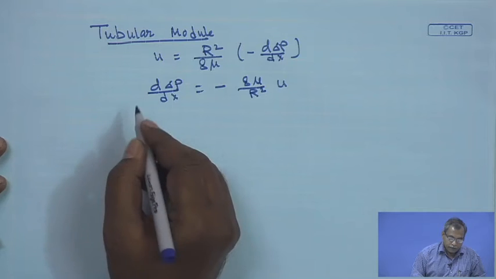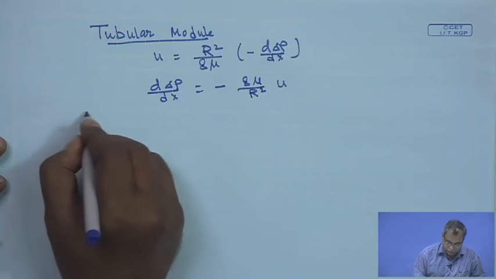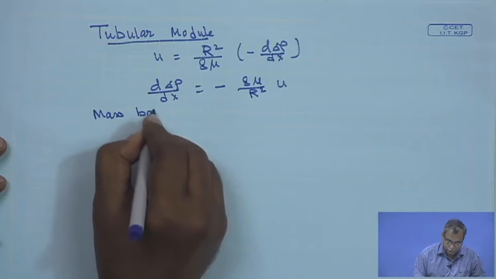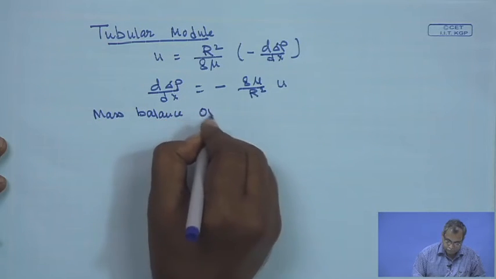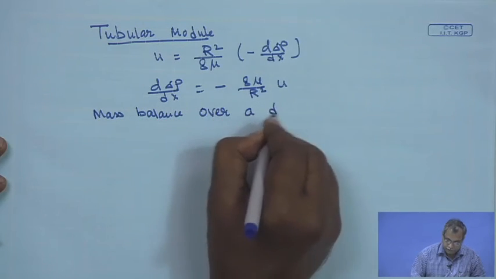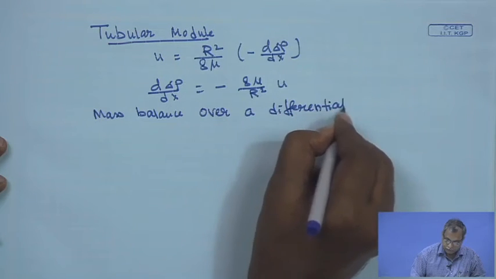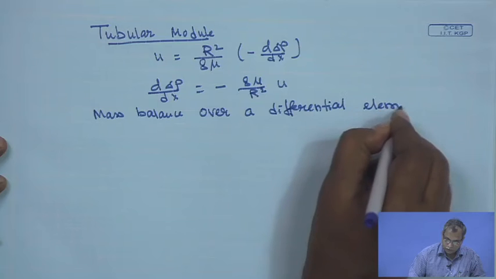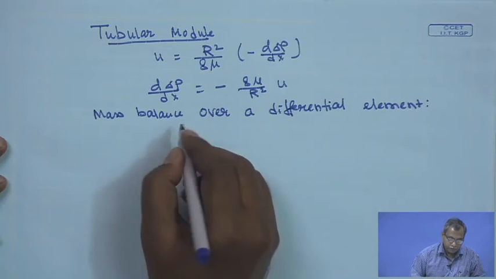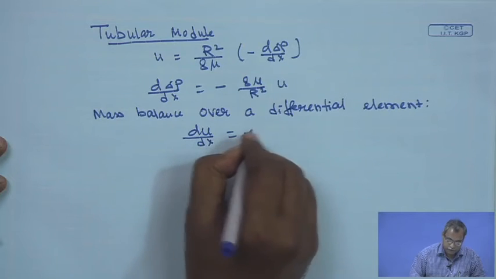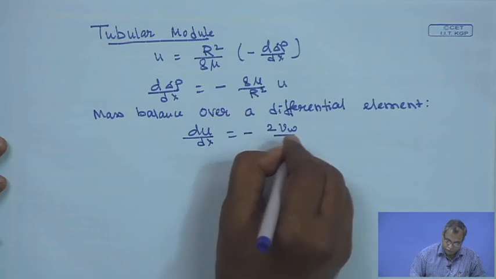And if you do a differential mass balance over a differential element, it will give you du dx is equal to minus 2 Vw by r.